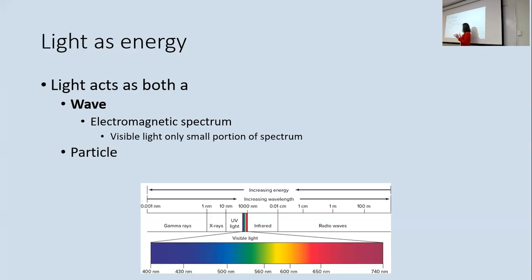And so the visible spectrum is specifically right here between 400 and 740 nanometers. So relatively small, but we blow it up. This is the part we're concerned with, and these are where photons are moving.